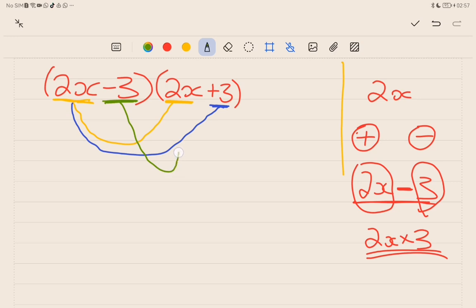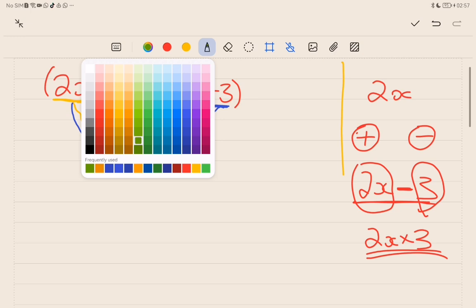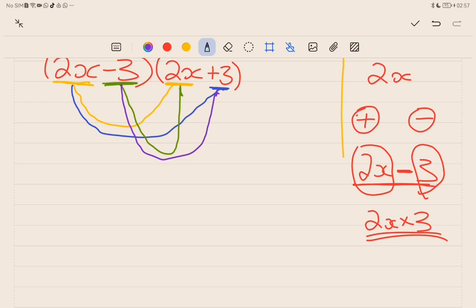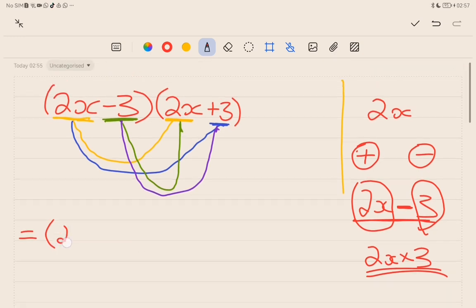Negative 3 multiplied by this 2x. Then this same negative 3, you multiply it by 3. So the first thing that you're going to do, you open a small bracket, then say 2x multiplied by 2x, bracket, plus another bracket, you're going to say 2x multiplied by 3.